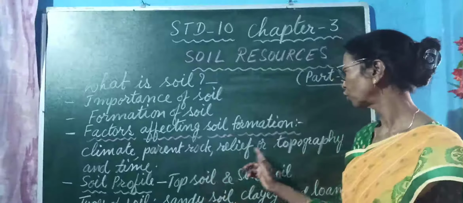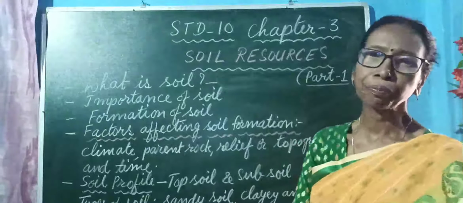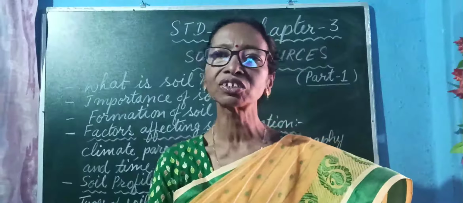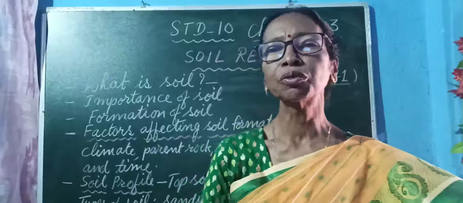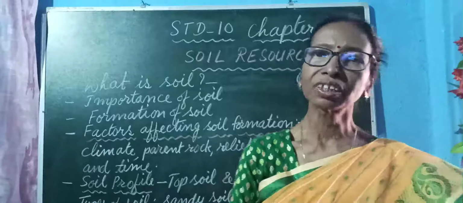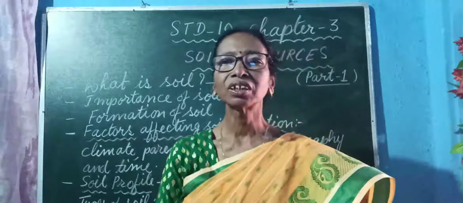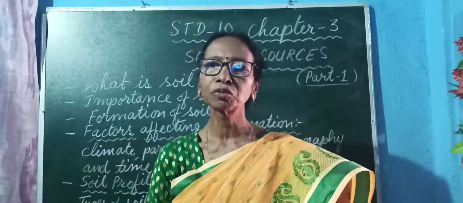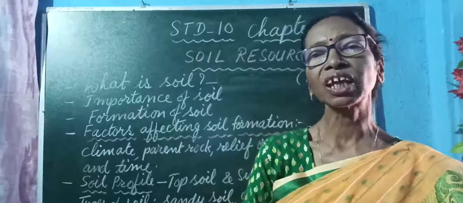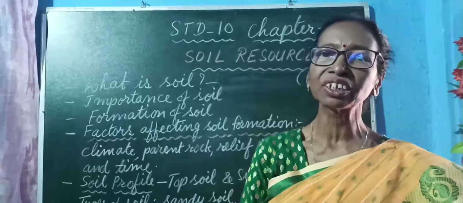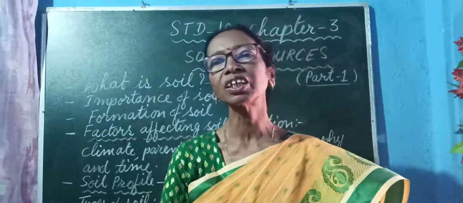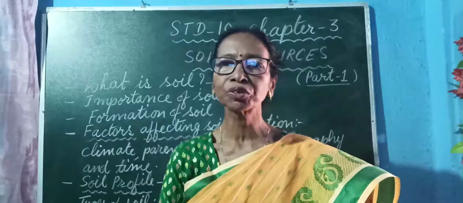Next is the relief or topography. Relief features are also the main factors of the soil formation. On the slopes of the mountains, where there is a steep slope, a thin layer of soil is formed because it is transported by the agents of gradation due to the heavy rainfall or river water from the hilly areas and from the slopes.